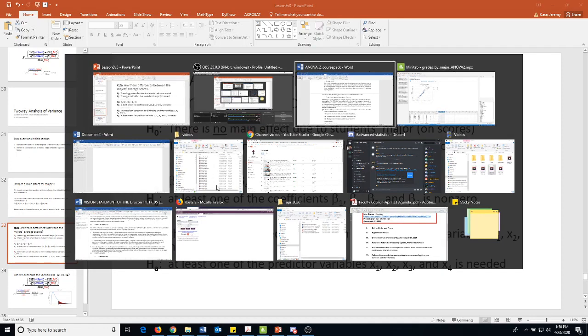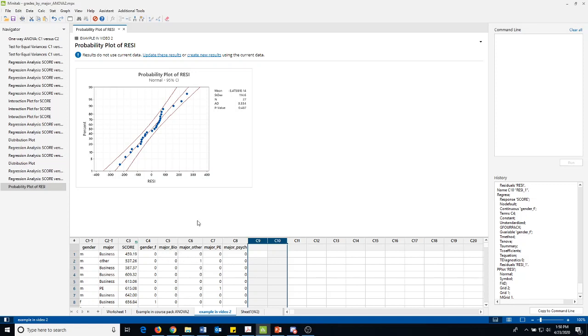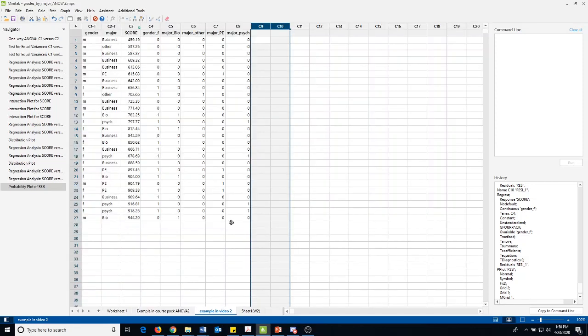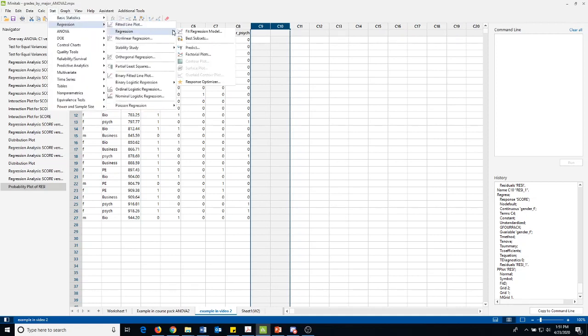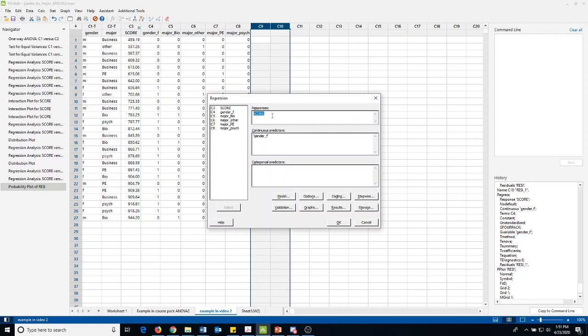So let's go ahead and take a look at our data. Here's our data down here, and here are the various scores. First of all, we want to run a full model. We want to fit the regression model between score and all of our predictor variables. I've got an extra gender in there.